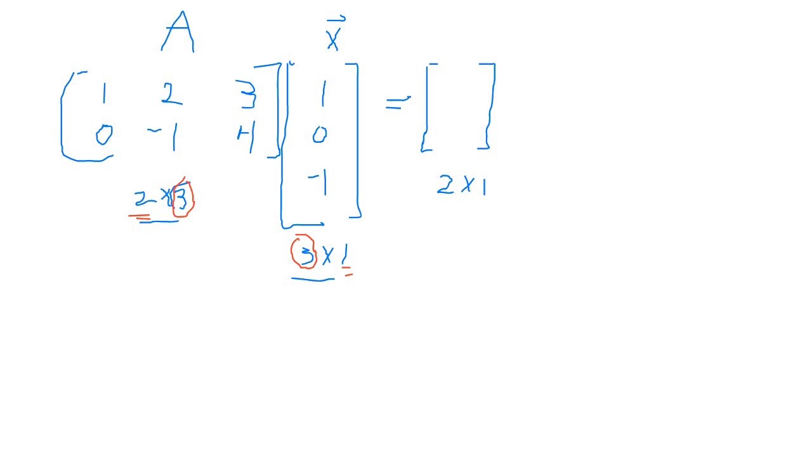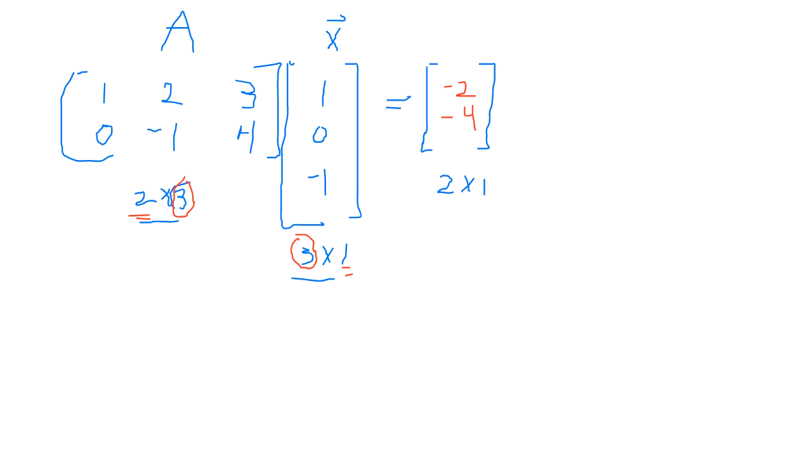So 1 times 1 plus 2 times 0 plus 3 times -1 should get a -2 on the top. And then on the bottom, you should get a -4, because 0 times 1 is 0 plus -1 times 0, that's 0 plus 4 times -1.